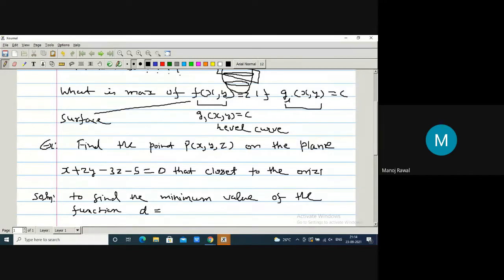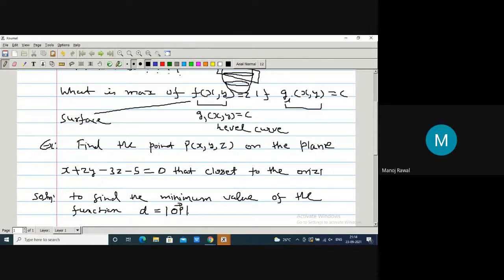Suppose you take any point (x,y,z), and we have to find the point on the plane that is closest to the origin. What is going to be the distance in this case? Use your distance formula. Right now you know only one distance formula.